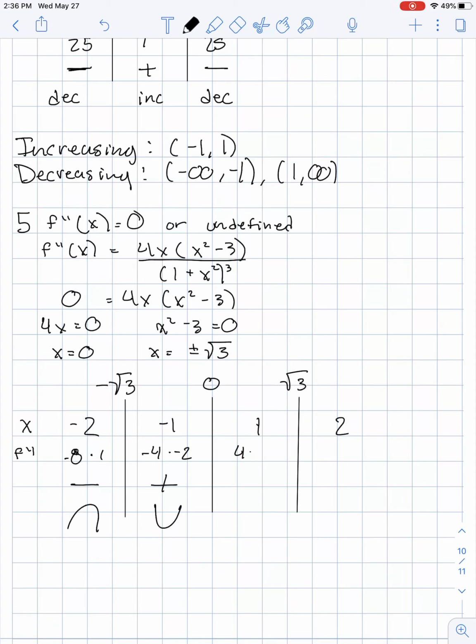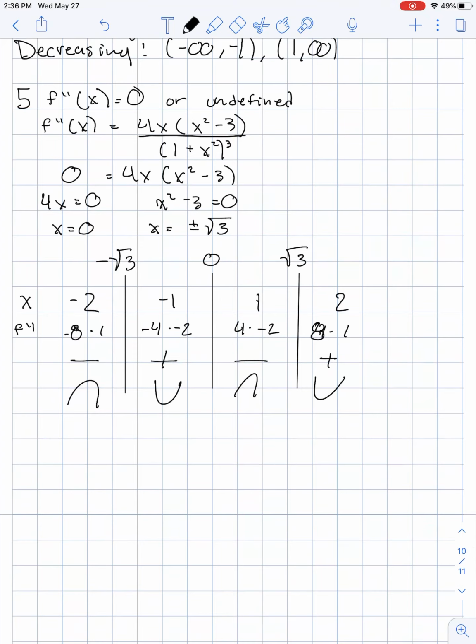What's happening at 1? 4 times a -2, so minus, concave down. If I plug in 2, I'll get 8 times 4 minus 3 is 1, so I'll get a positive number. And we're concave up. Okay, perfect. So now when you look for any asymptotes. So, well, let's state our inflection points.